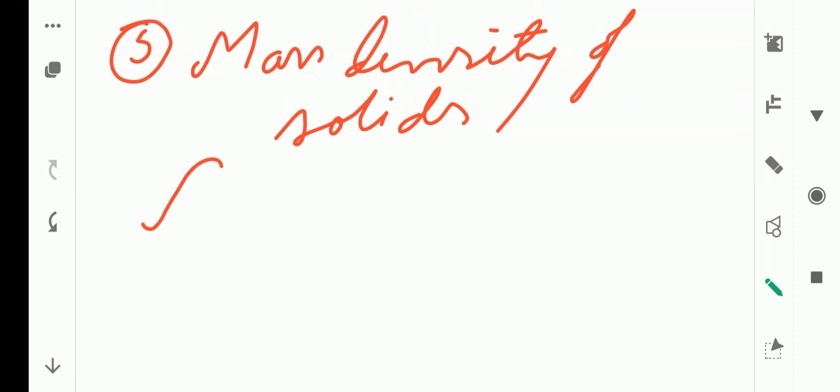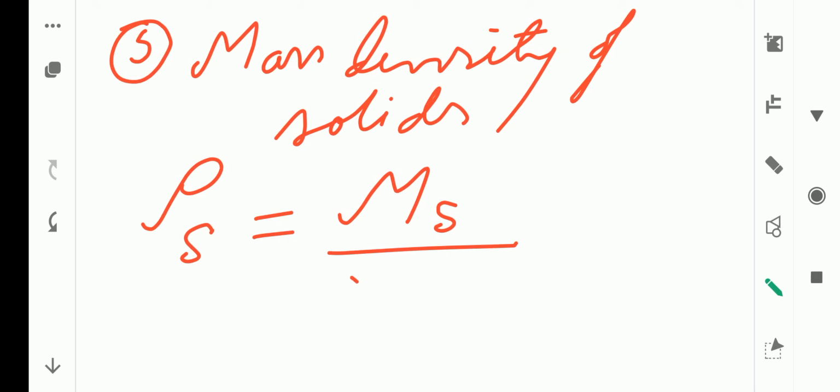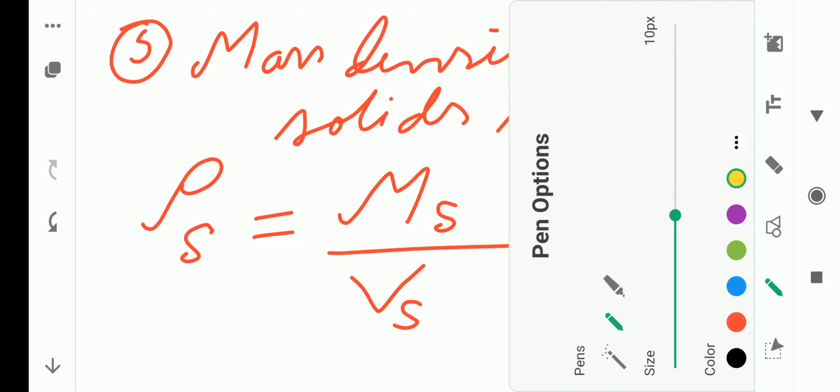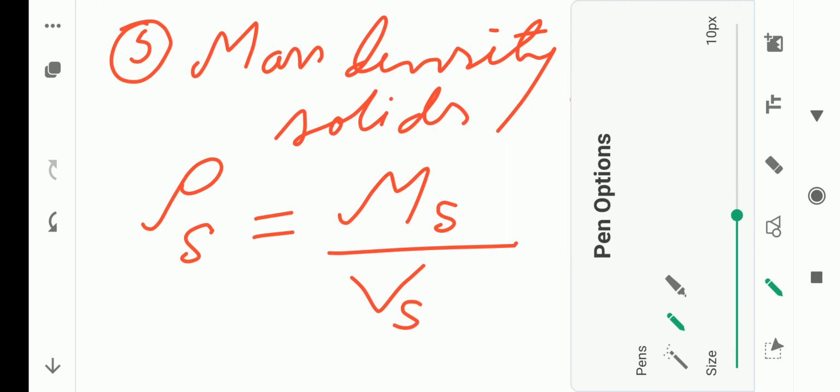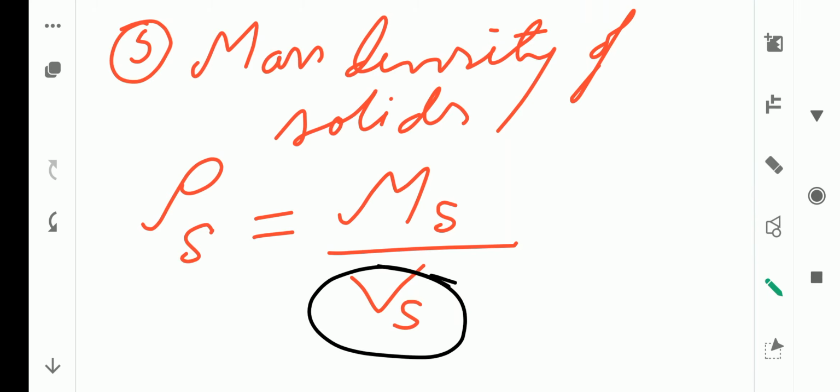It is denoted by rho s, and it is simply the mass of solids divided by volume of solids. The only change that has happened is here. Instead of total volume, what we have used? Volume of solids, right? So mass density of solids.